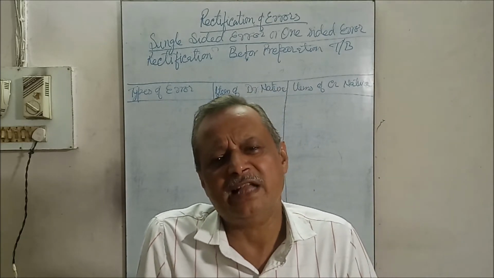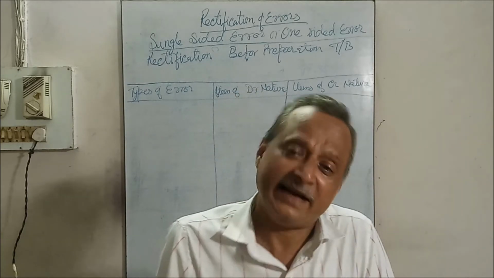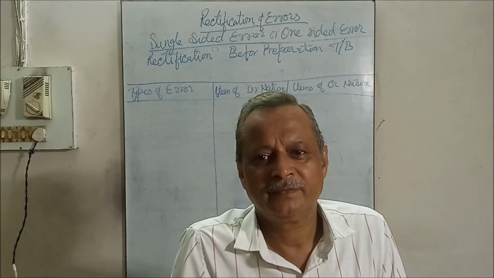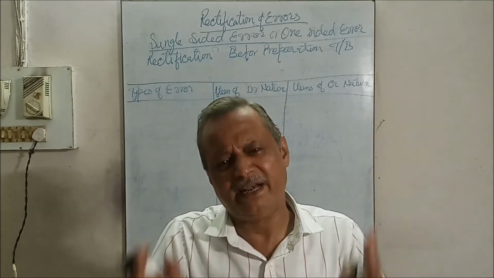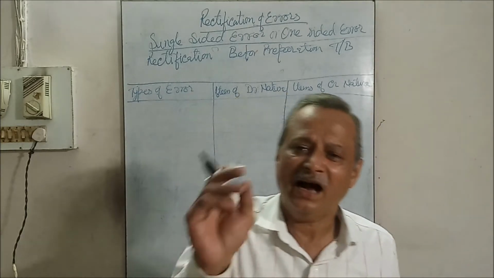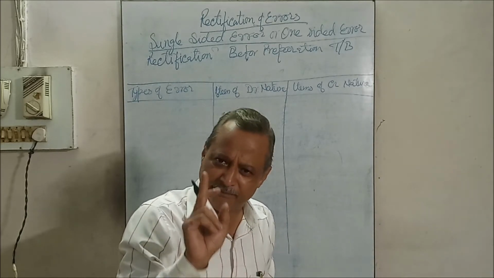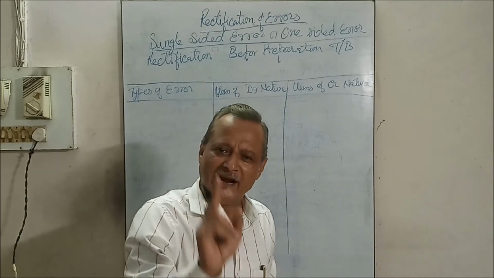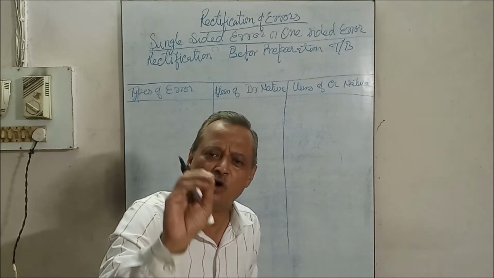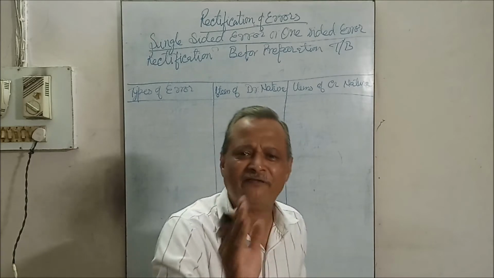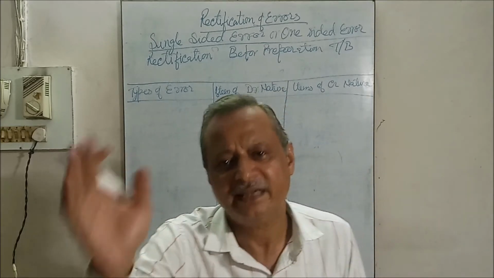All incomes, liabilities, capital, sales, purchase return, these are of credit nature. In these accounts, if any error is committed, which error? Single sided error. Then how to rectify before preparation of trial balance? No journal entry will be made, only one side we have to correct using the word To or By. To reflects that debit is corrected, and By reflects the credit.